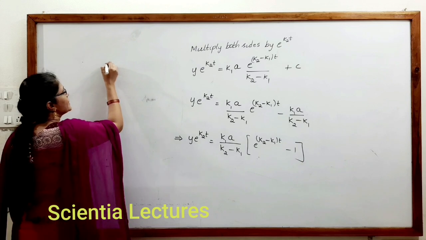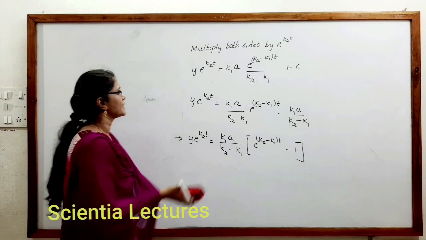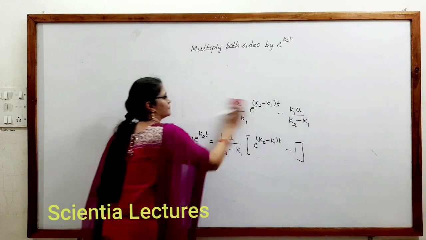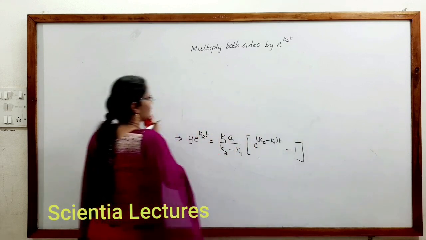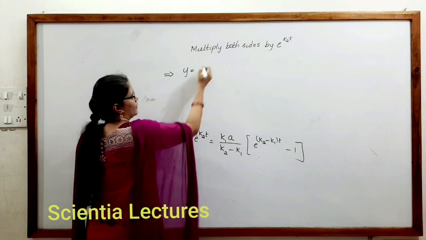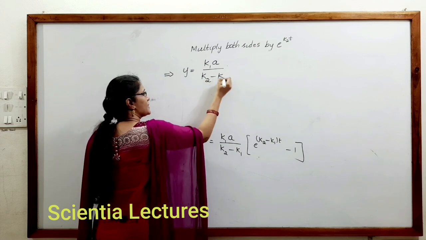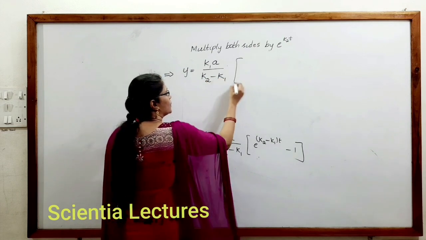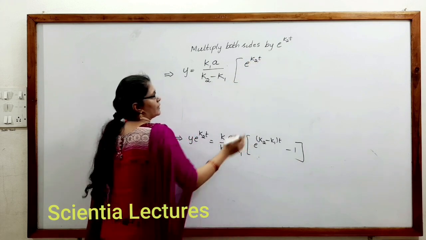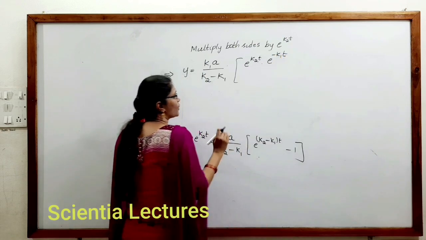Now y is equal to, taking e^(k2 t) to this side, k1 a by (k2 minus k1) into, this could be written as e^(k2 t) into e^(minus k1 t). From that only we got this.